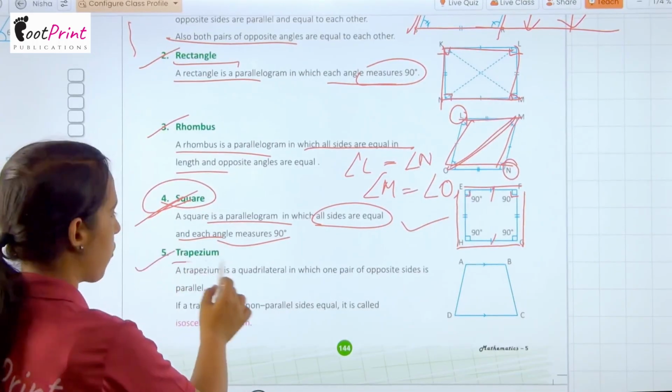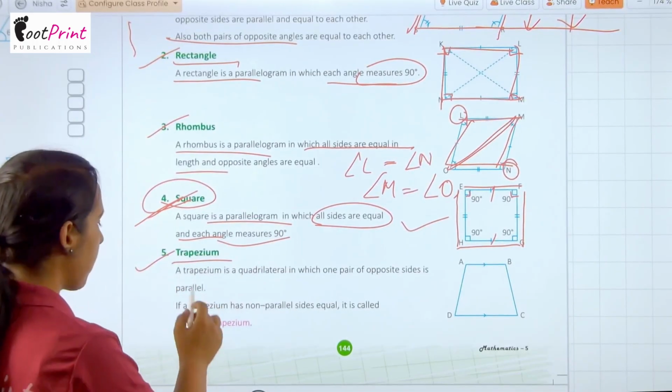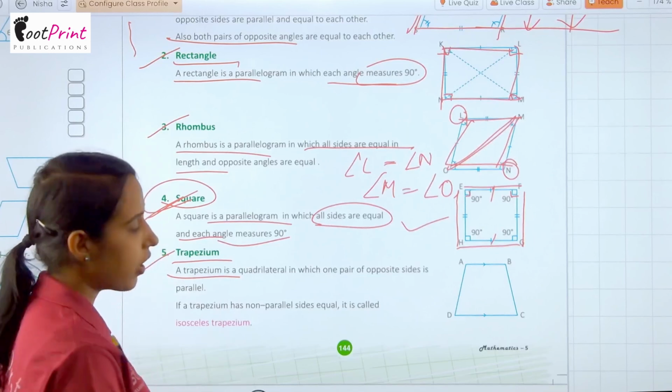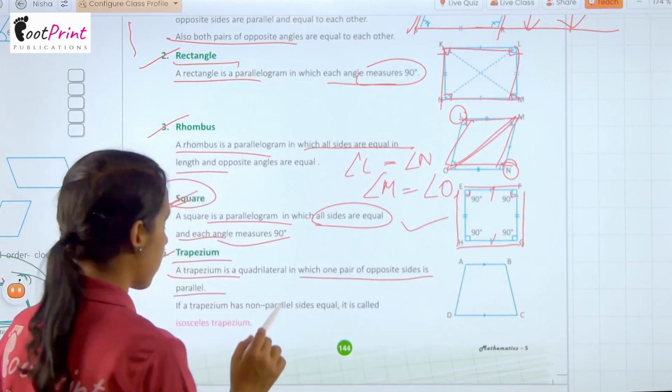Now trapezium. So what is a trapezium? Let's see here. A trapezium is a quadrilateral in which one pair of opposite sides is parallel.